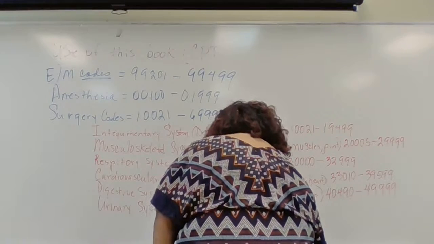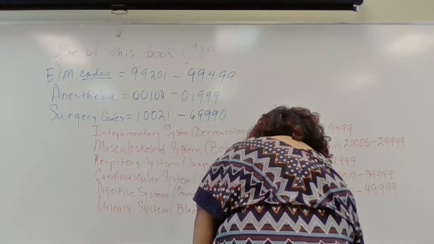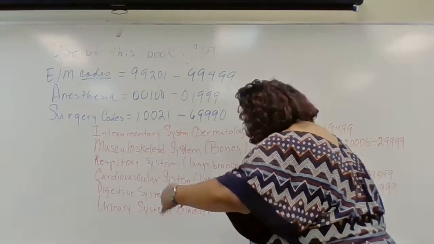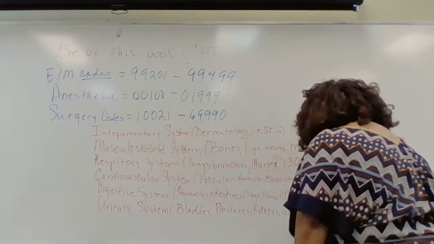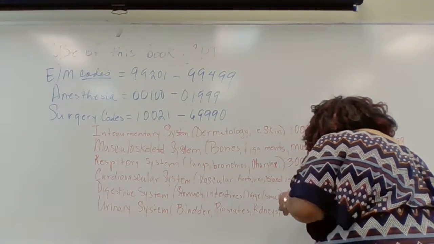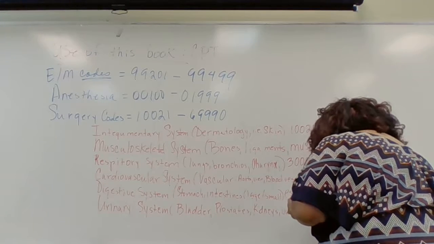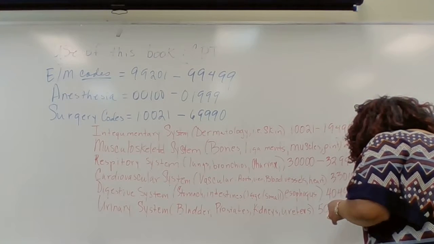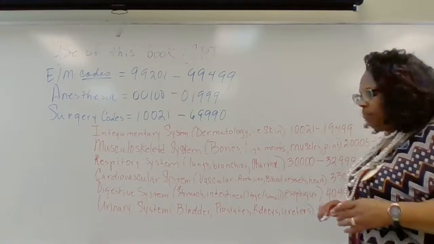This is going to be dealing with the kidneys and ureters, where the kidneys excrete the fluid from. What is the sister code to that? 50010 to 53899. 53899. And what's the next one?